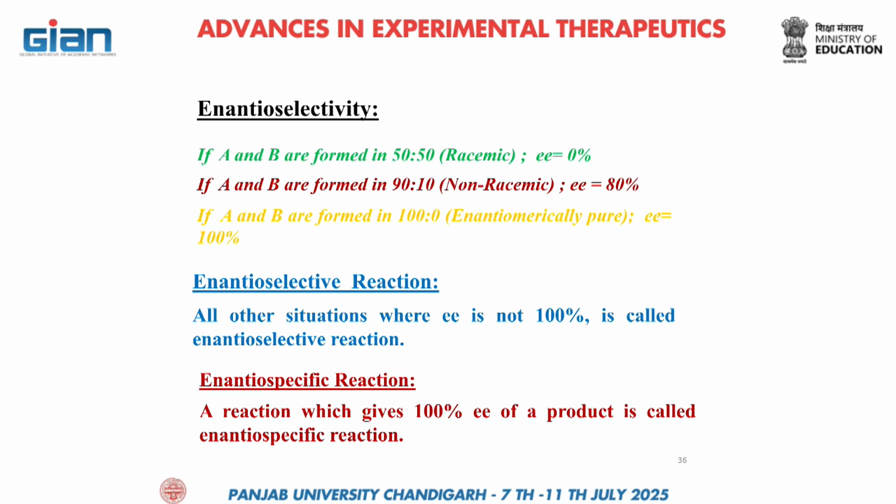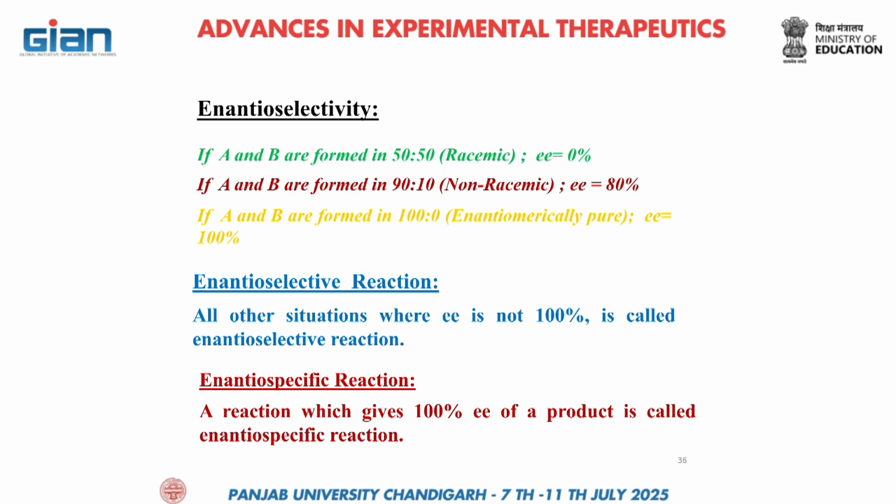But if your A is 90 and B is 10, how much is the excess of A with respect to B? That is 80. If A is 90 and B is 10, the excess is 80. So that is your 80% excess of one enantiomer over the other.